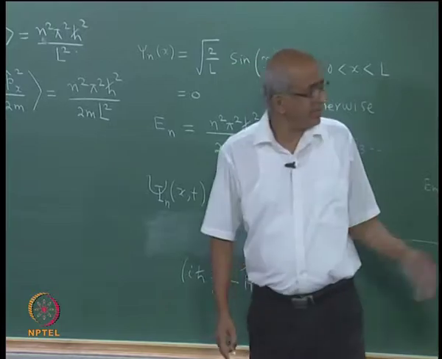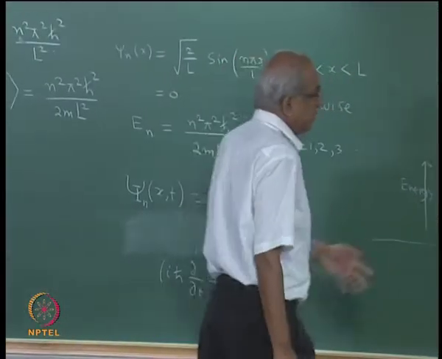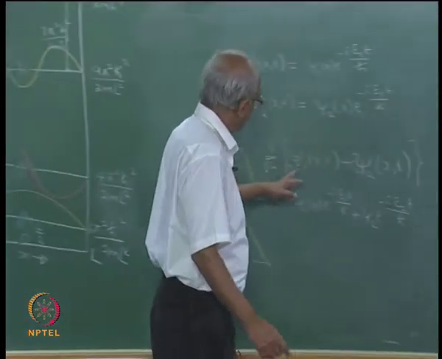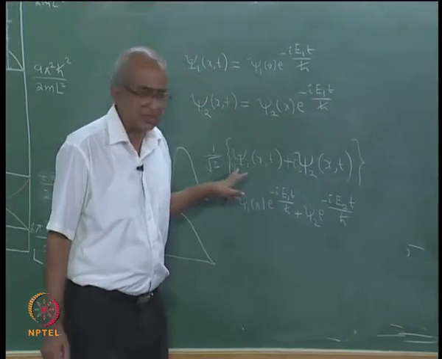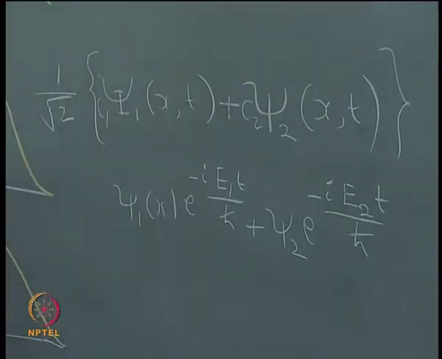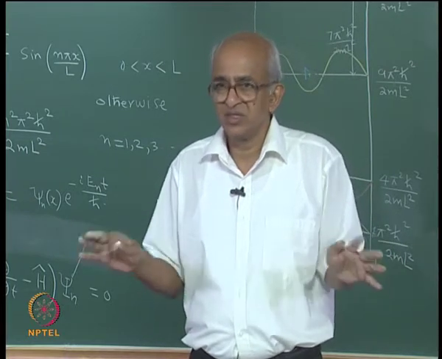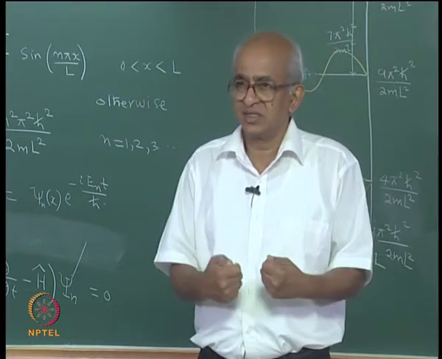So, therefore, I can take any linear combination like C1 psi 1 plus C2 psi 2, this is referred to as a linear combination. You can take a combination like that, it will obey the time dependent Schrodinger equation, but this is not a stationary state. Why is it not a stationary state?